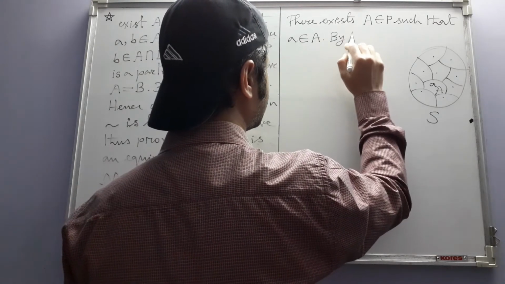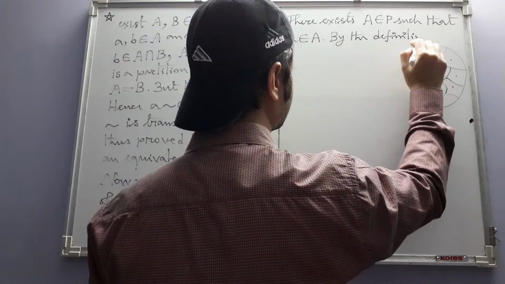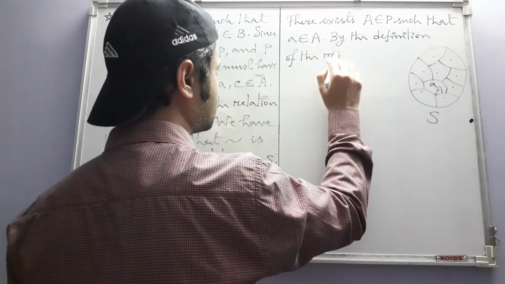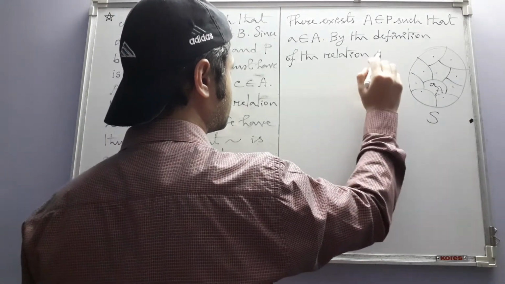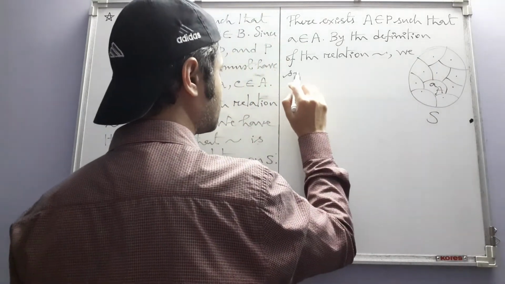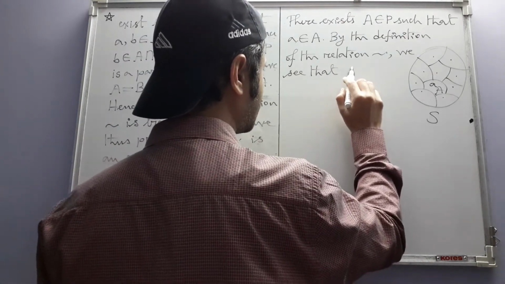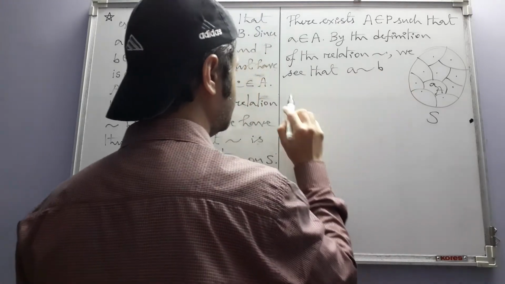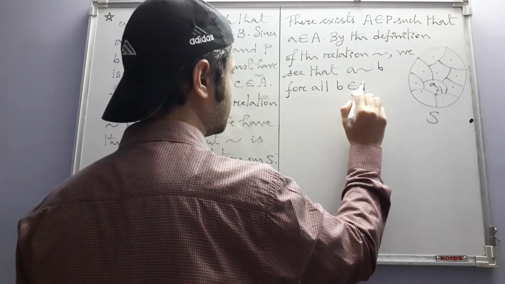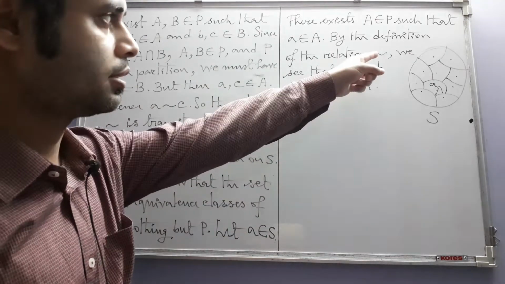By the definition of the relation, tilde, we see that A is related to B for all B belonging to capital A, because that's how we have defined our relation tilde, right?